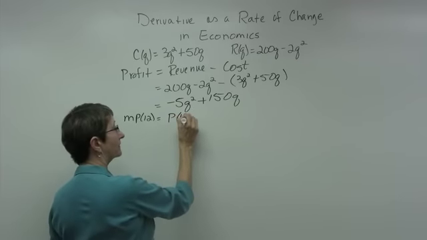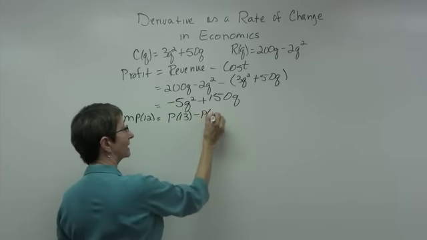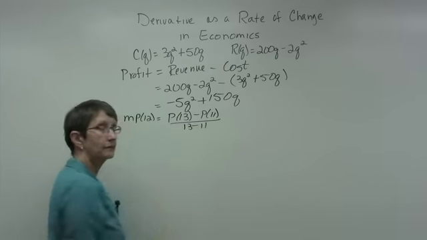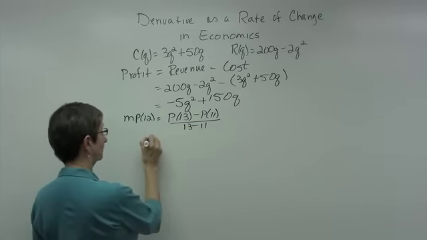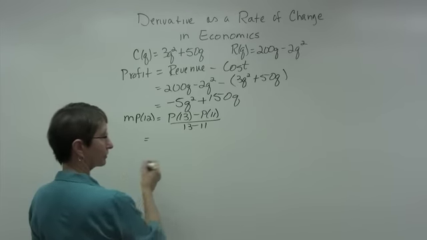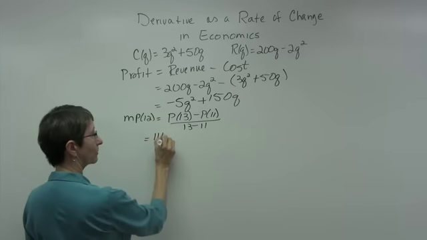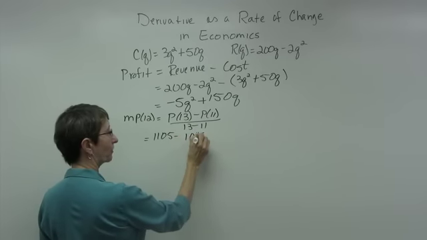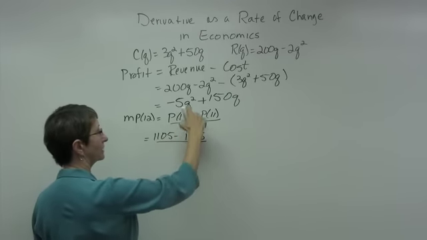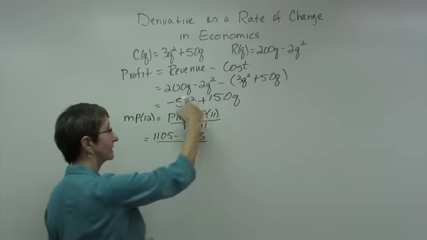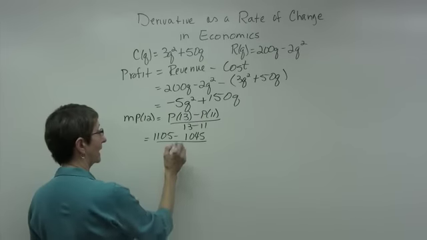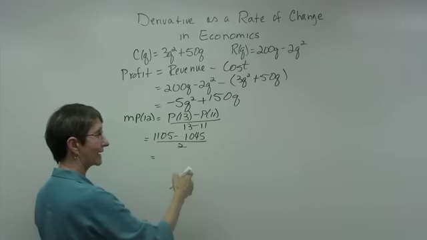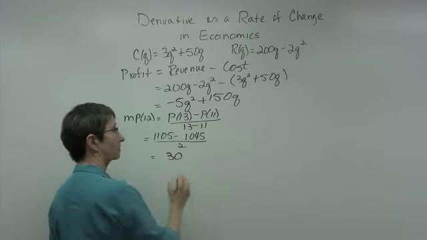So let's find the profit at 13 minus the profit at 11, and then we'll divide by 13 minus 11. It's still slope. So the profit at 13 is 1105 minus profit at 11 is 1045. I just plugged 13 in for Q, and then I plugged 11 in for Q. And then 13 minus 11 is 2. So when I subtract and divide, I end up with a positive 30.